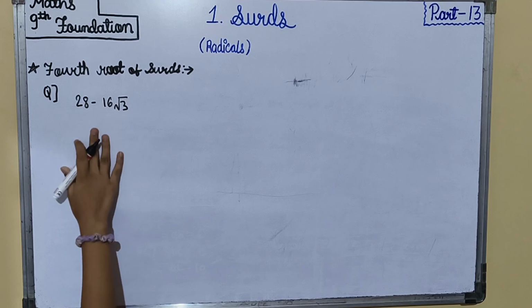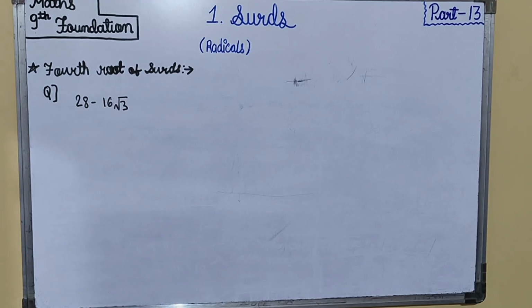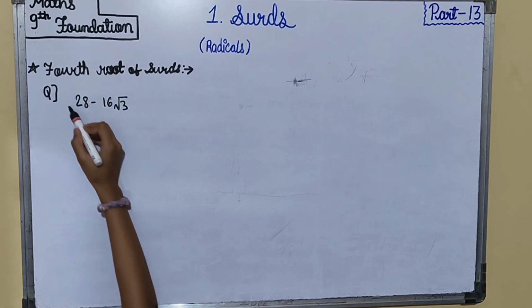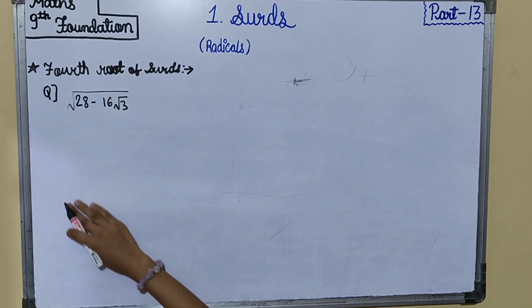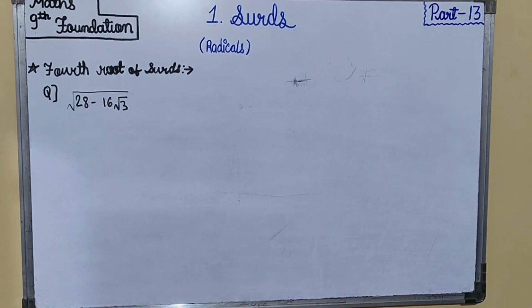We have to find the fourth root of this. So first of all, we are going to find the square root of this, and then the value which will come, we will again find the square root of that. Means 2 times we'll find the square root and then we'll get the final answer.